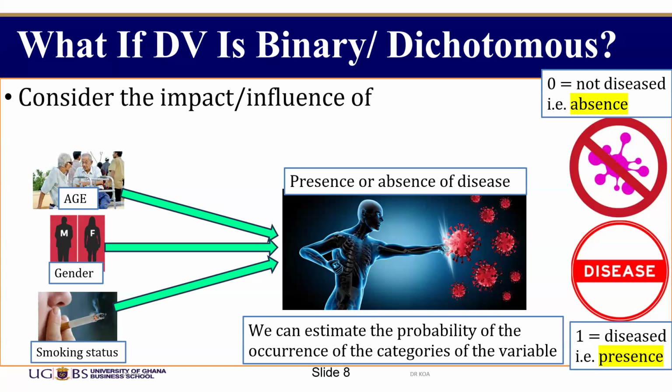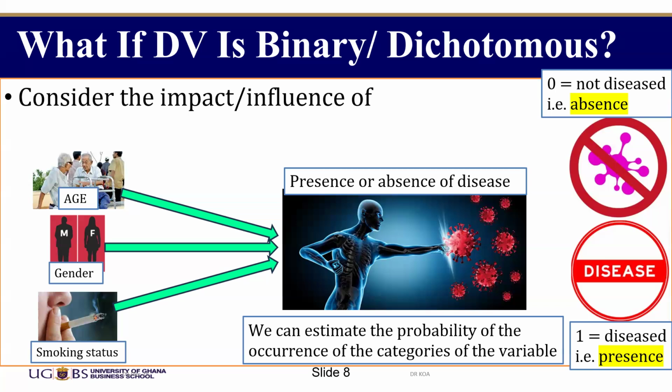Would you agree that your smoking status can determine the presence or absence of disease? So the dependent variable here is binary, 1 or 0, whether you will get a disease or not.